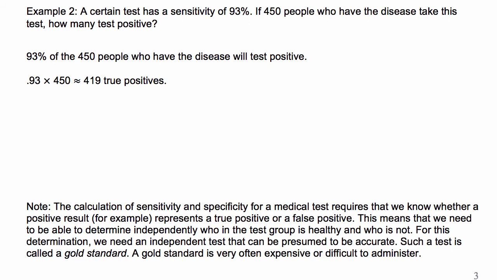For this determination, we need an independent test that can be presumed to be accurate. Such a test is called a gold standard. But a gold standard is very often expensive or difficult to administer, which is why researchers hope to come up with inexpensive and easy to administer tests that have high sensitivity and specificity. If they are successful, they could be used instead of the gold standard.